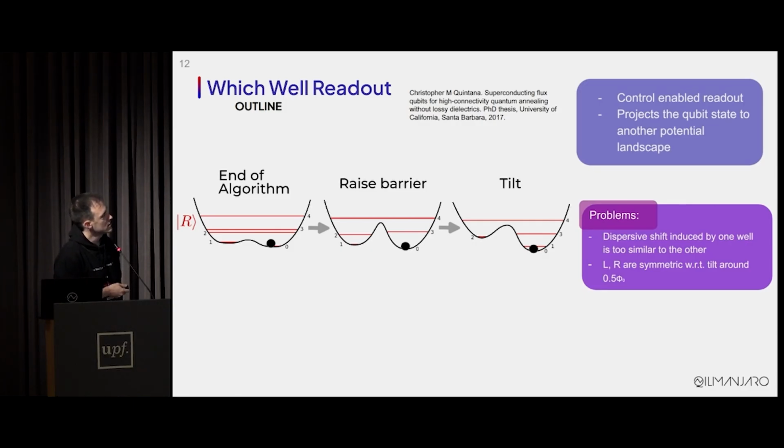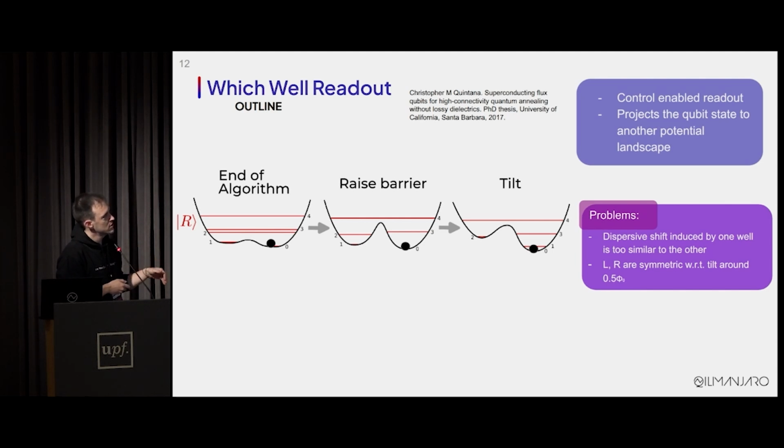If you have control over this barrier and the tilt, you can just raise the barrier a lot. And what this does is it isolates the energy levels of the wells in the potential of the qubit. And then if the barrier is high enough, when the barrier goes to infinity, you have these two being totally isolated, but of course the barrier cannot be infinite.